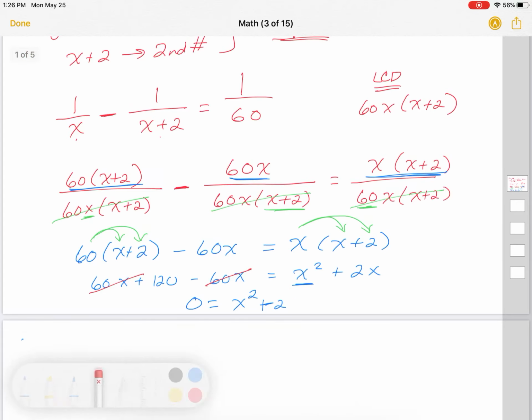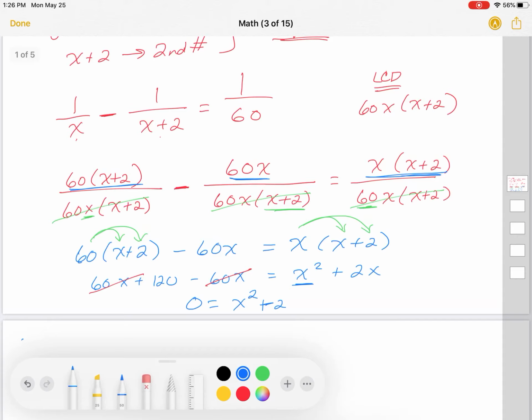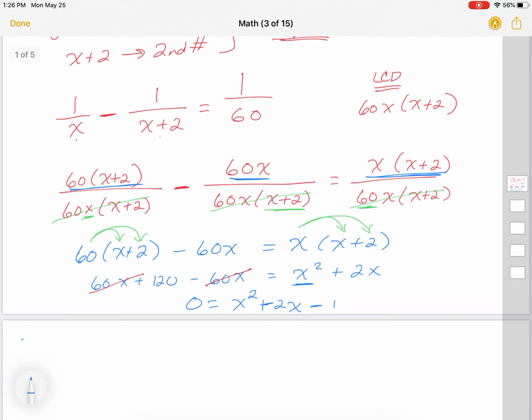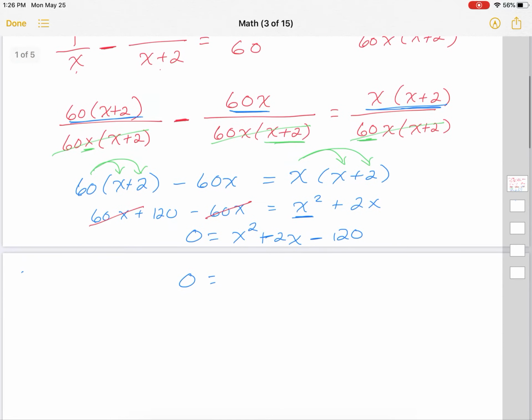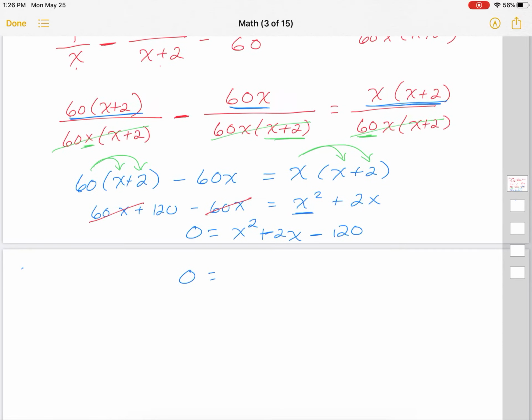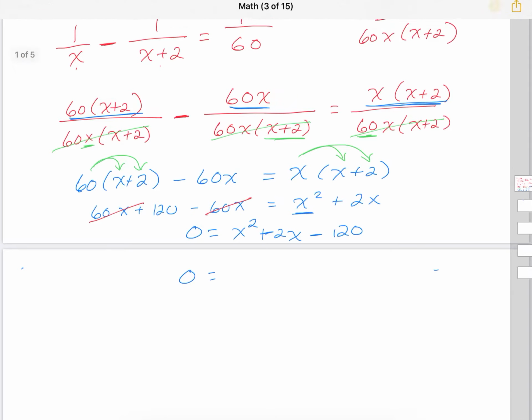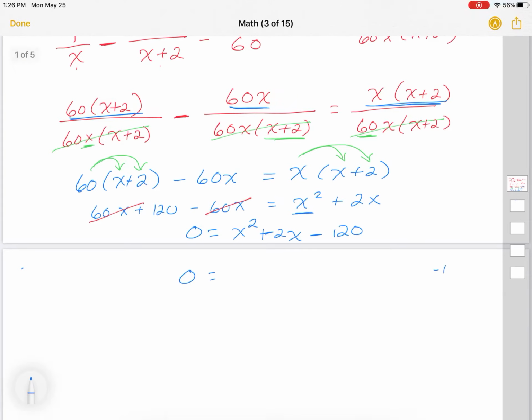Oops, my apologies. So we have x squared plus 2x, and this becomes minus 120, and then I need to factor this. In factoring this, I'm looking for 2 numbers that multiply to give me negative 120 and will add up to 2. So my 2 numbers are negative 10 and positive 12.